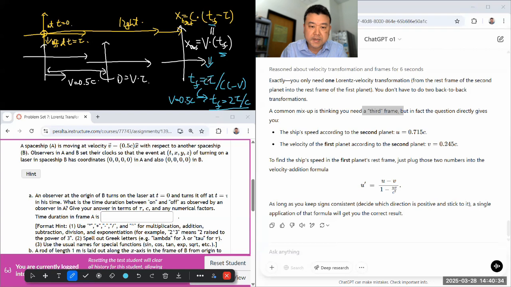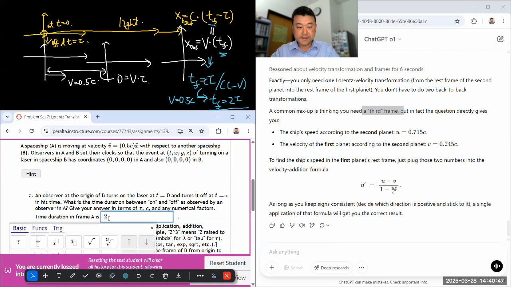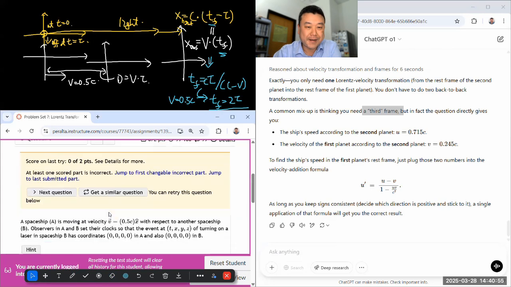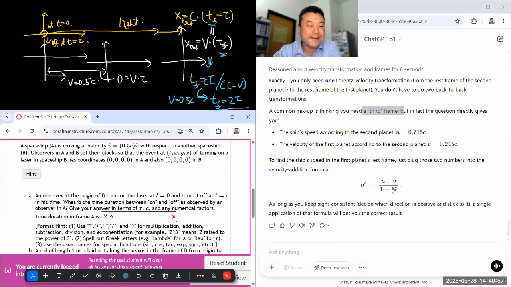There was actually c times tau here, so divided by c, that cancels out c, so that's fine. So 2 tau is what we are looking at. When I say that T is 2 times tau, it should tell me it's wrong, for the quite obvious reason that what I did is not special relativity.